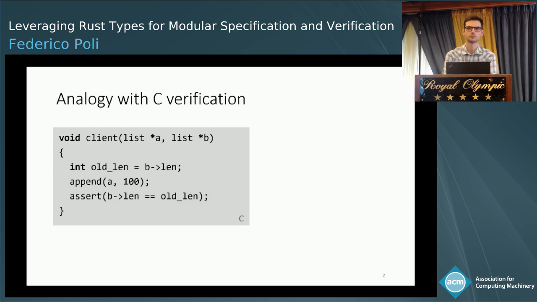I found the second evaluation part, where you are showing several examples where you give the functional specification and you can prove the functional specification without giving any help to the tool, very interesting.